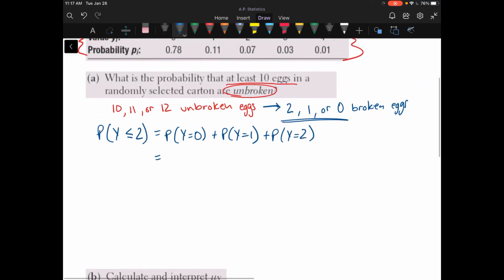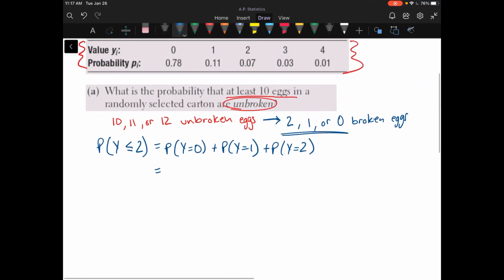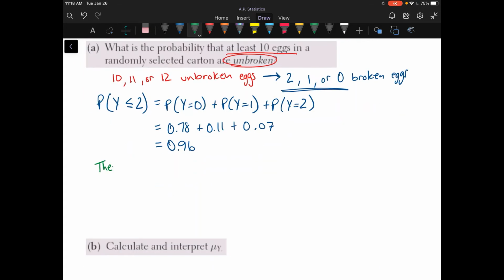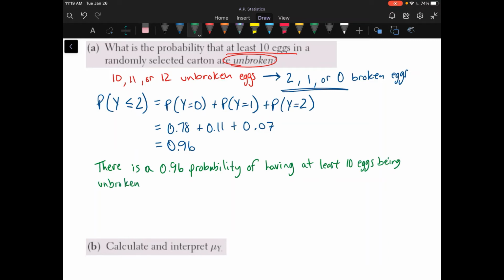And these we get directly from our table here, right? We have 0, 1, and 2 here. So there is a 0.96 probability, or 96% chance of having at least 10 eggs being unbroken in a randomly selected carton of store brand eggs.